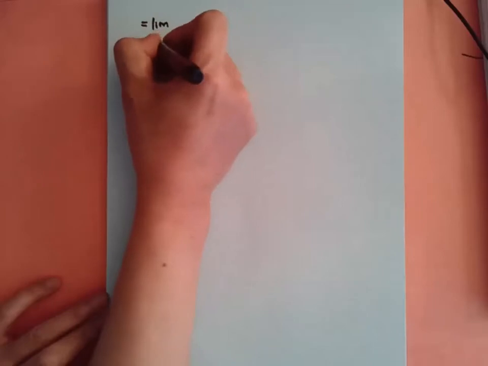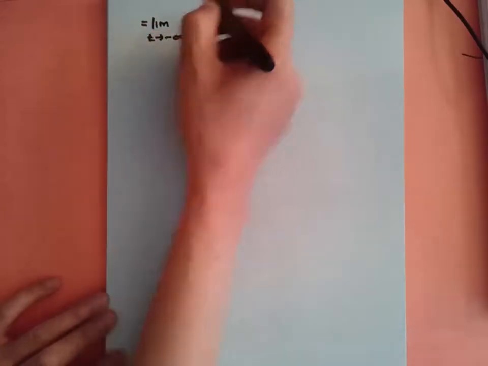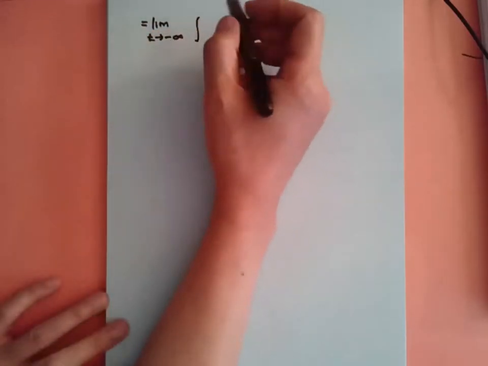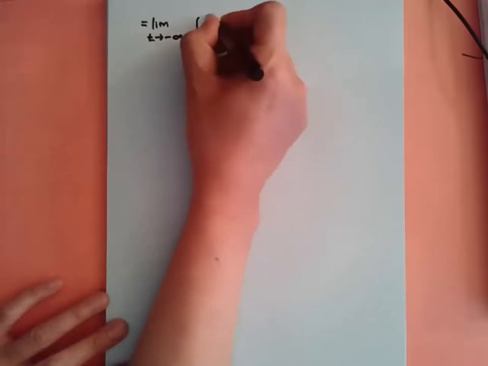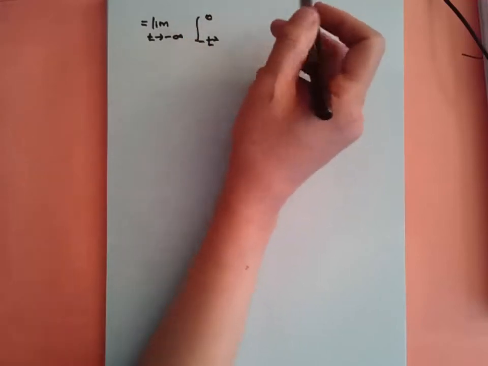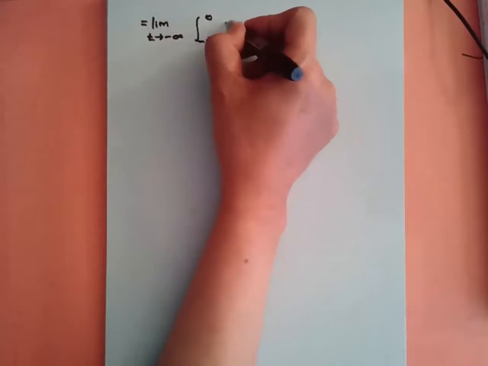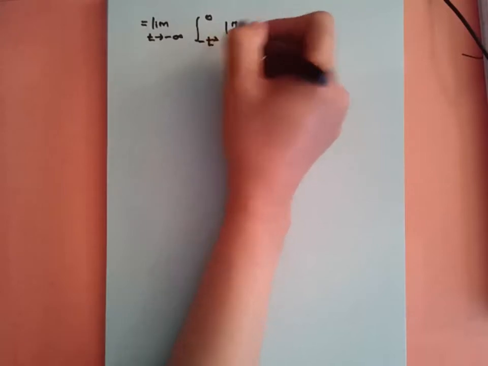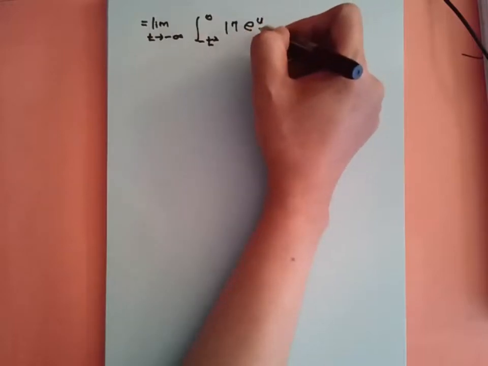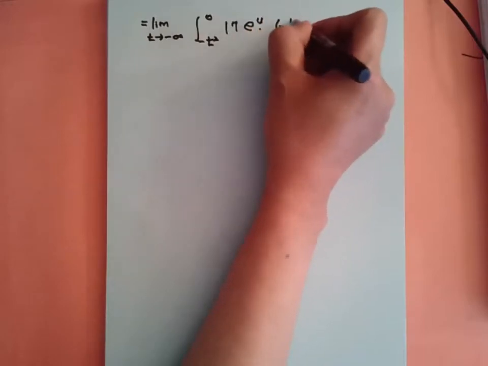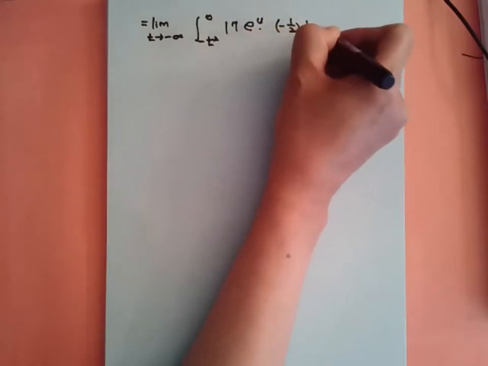So the limit as t goes to negative infinity of the integral where the lower bound turned out to be minus t squared and the upper bound remains 0. When we change to the u variable, 17 times e to the minus x squared becomes e to the u, and x dx becomes minus 1 over 2 du.